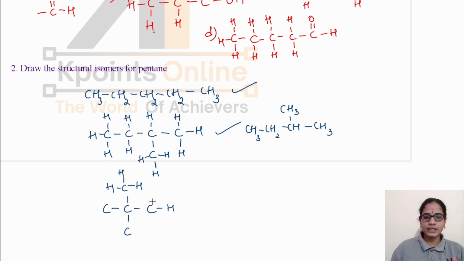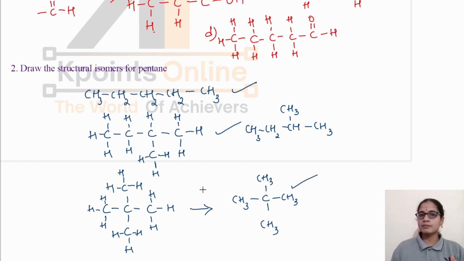Now I need to write hydrogen for this carbon atom. I can write it as CH3, C. This group can be written as CH3, and this group as CH3, and this also as CH3. This is also a pentane. These are the structural isomers for pentane.